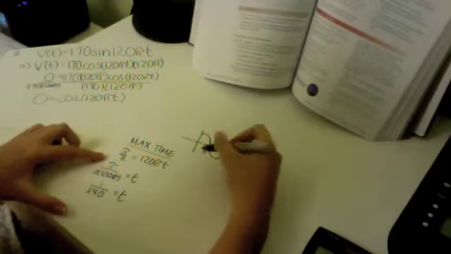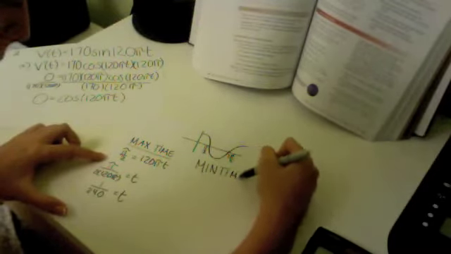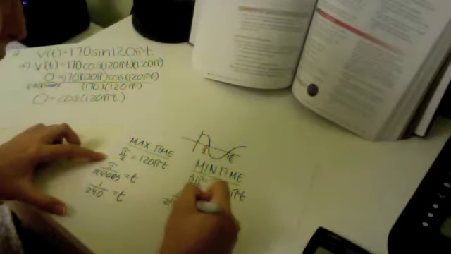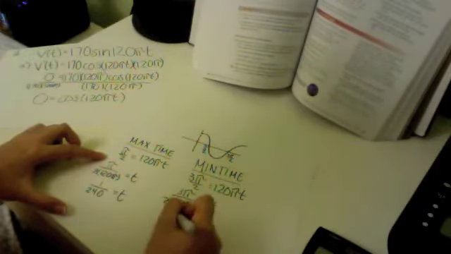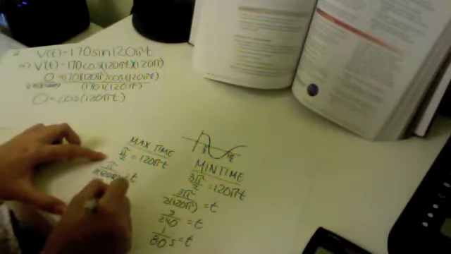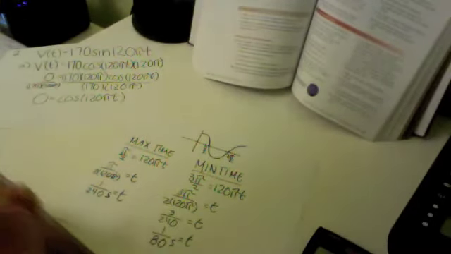So the max time would be 1 over 240, and the min time would be 1 over 80 after being reduced. So that's the max and min time.